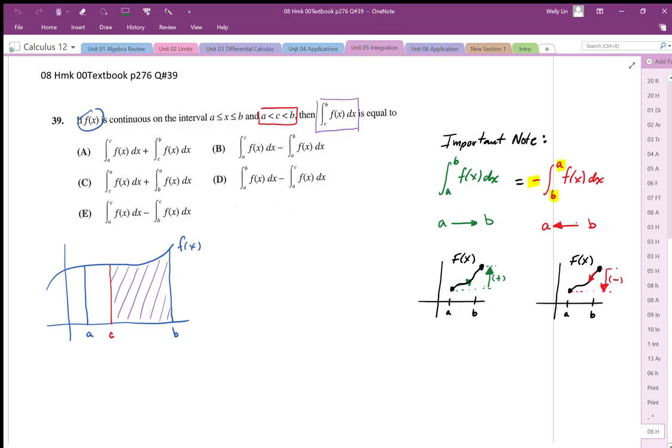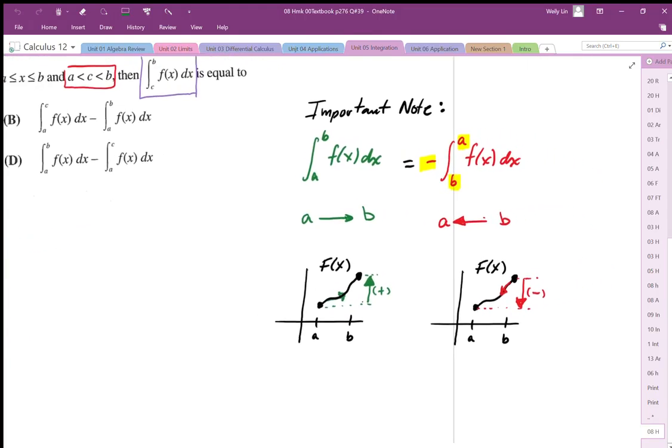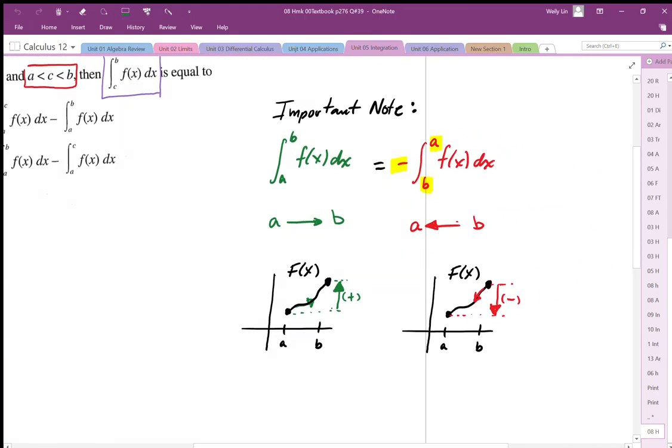So a couple things. Important to note is that when we are integrating, if we integrate from a to b under f of x, so here is my f of x, if I integrate from left to right, in my antiderivative I'm going left to right as well, and in this case, it's going up.